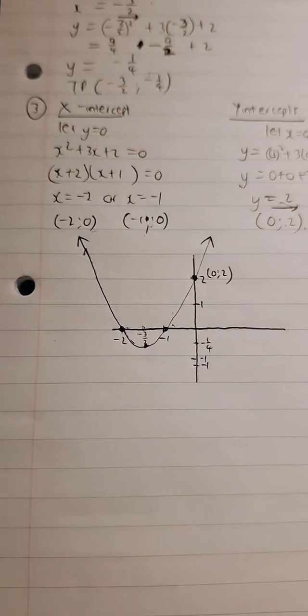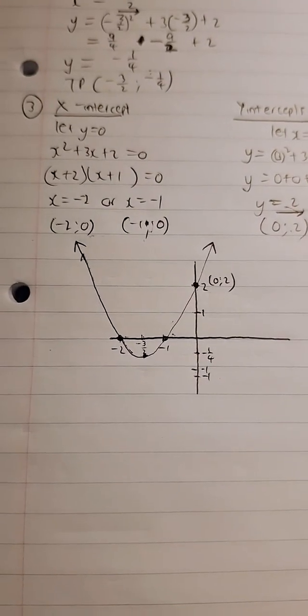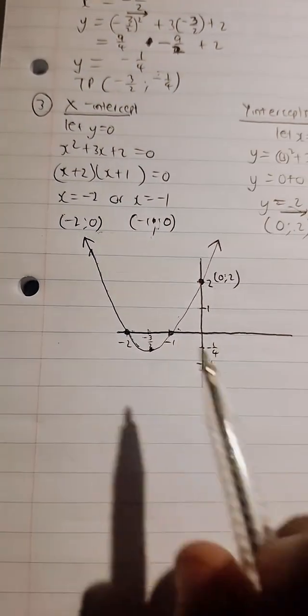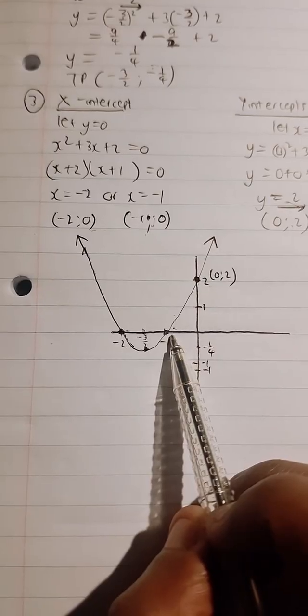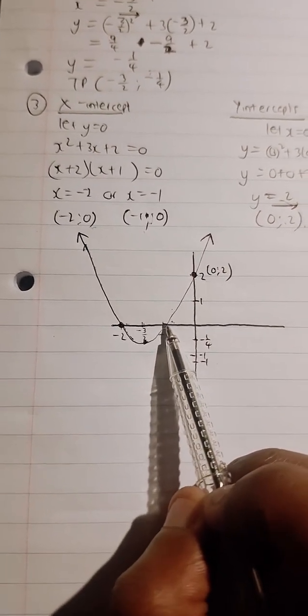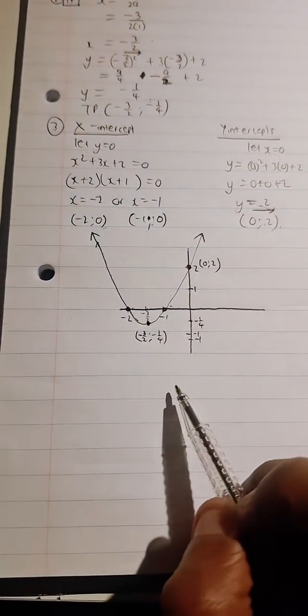Some people insist that they want to write the coordinates, but guys, I would really say it's fine if you write -1, as long as you mark the point. The turning point, you can go ahead and write -3/2 and -1/4, so that one is evident, and then you just make sure the dot is very clear.